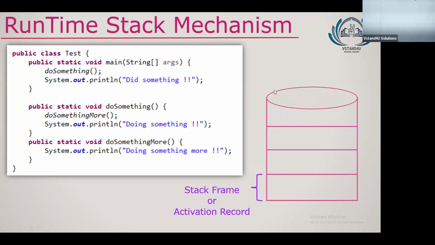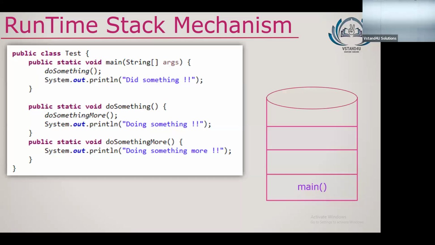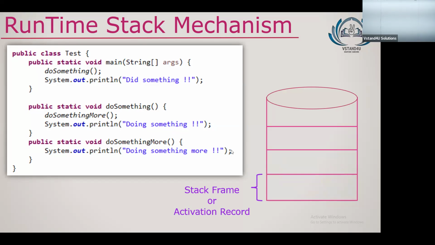One stack frame, or activation record, will be created in the stack area for every method. Inside this, we will keep all the necessary information with respect to the main method, like local variables. Every stack frame is meant for creating a record of one method call. Am I clear?